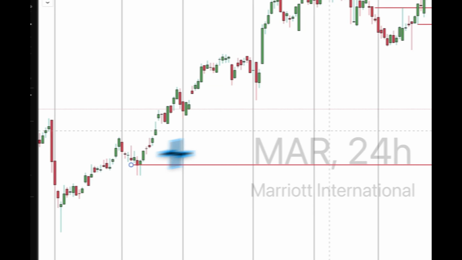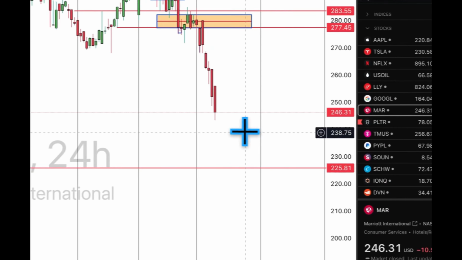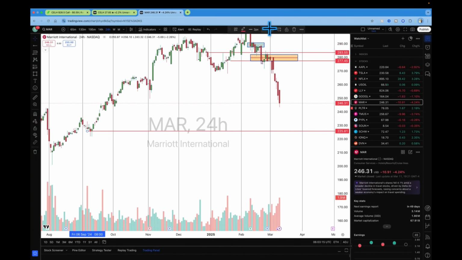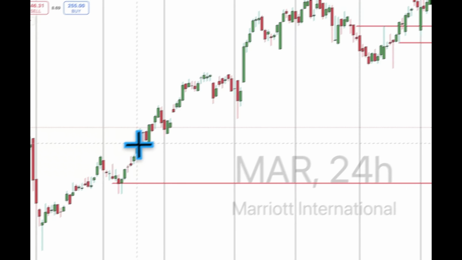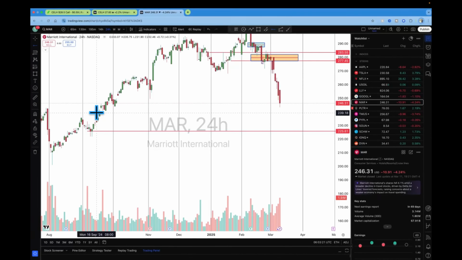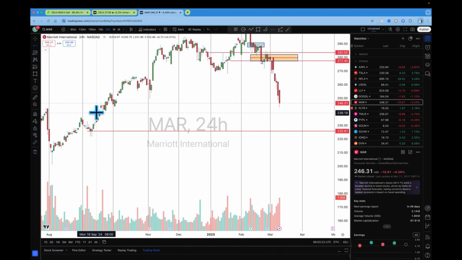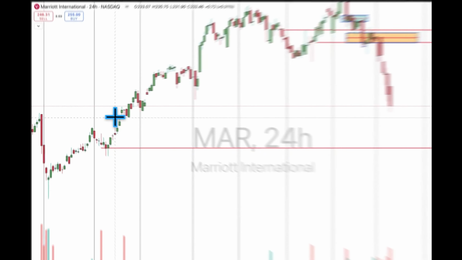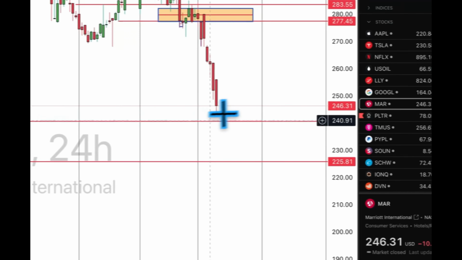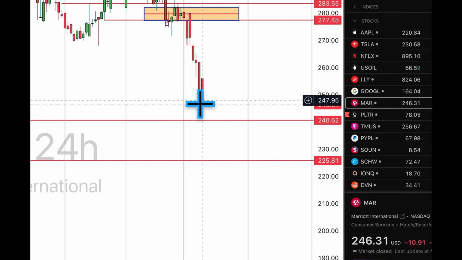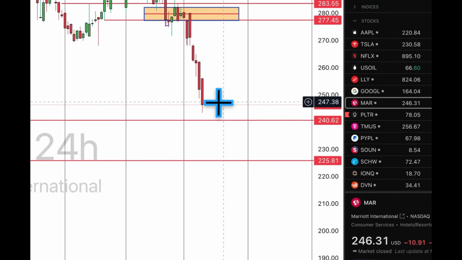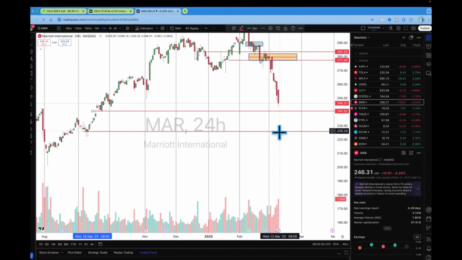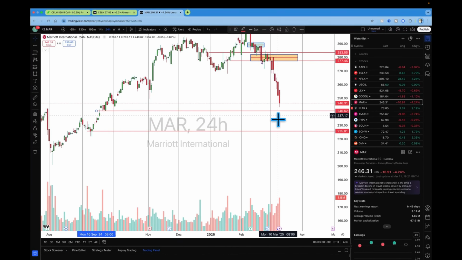So if I was going to trade this to be realistic, if I was going to get in, I say possibly right here, 240, a realistic goal. And if it keeps dropping, dumping in this bearish market, yeah, for sure, somewhere in this area.